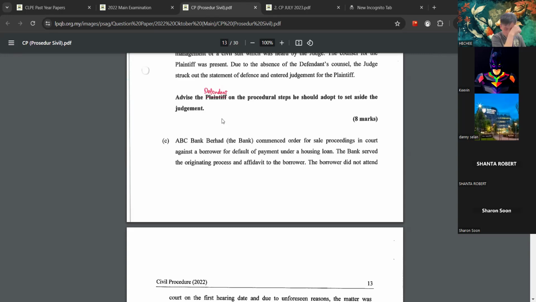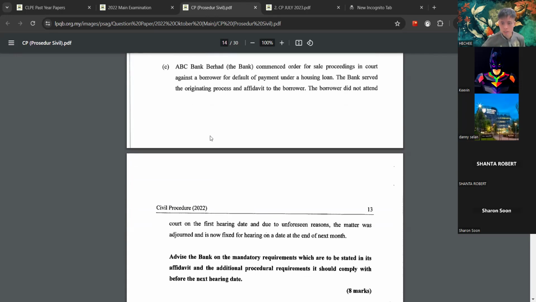Since it is an 8 marks question, you just need to find the relevant rules and copy them. Because in pre-trial case management, there are not that many cases for you to cite, even simply copying the rules of court is okay for topics with very few cases. Is that okay for everyone?